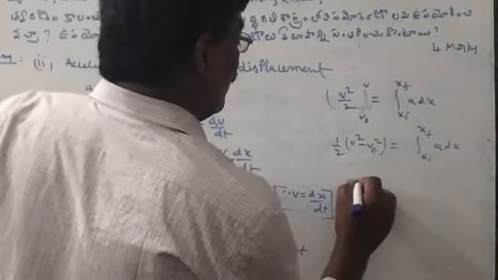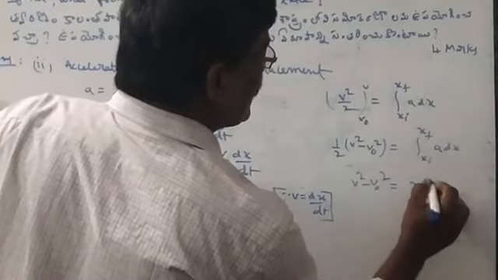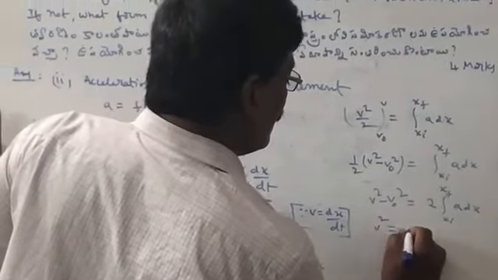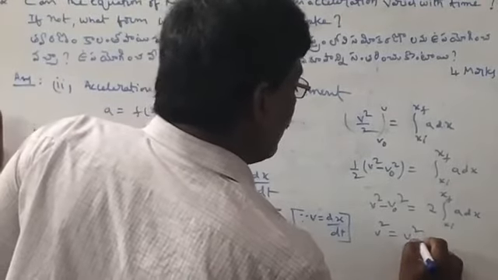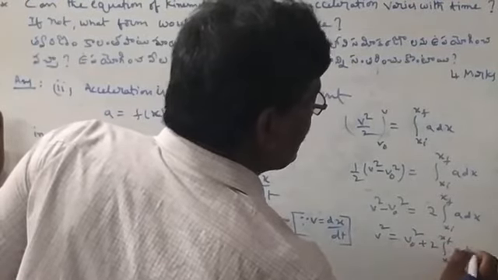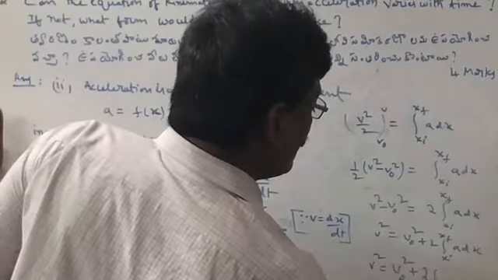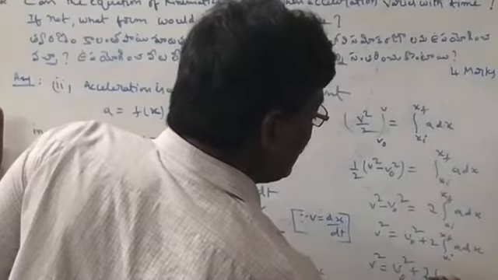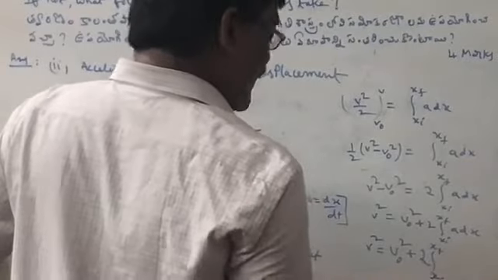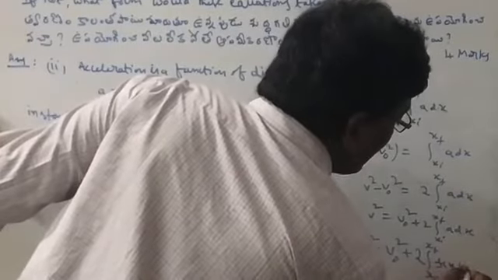So v square minus v naught square is equal to 2 into integral xi to xf a dx. v square is equal to v naught square plus 2 into integral xi to xf a dx, where a means f of x. This is the answer.